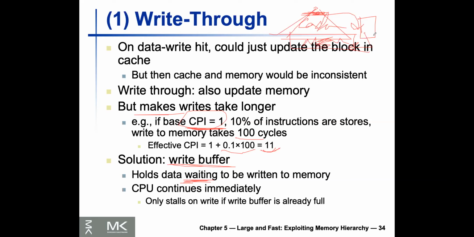However, this buffer ensures that your pipeline goes as smoothly as possible, right? Your CPU continues immediately. There's no stalling in it, right? So that's the reason we might need a write buffer for the write-through scheme.